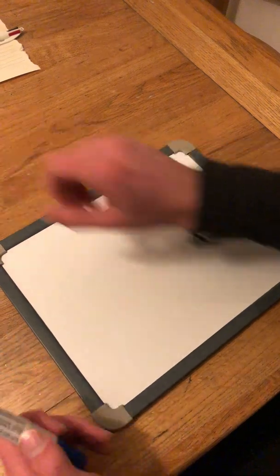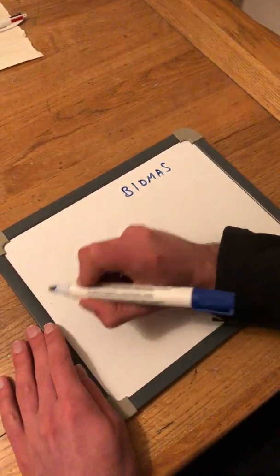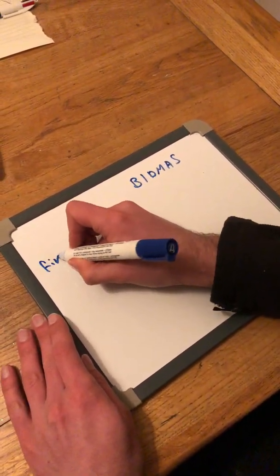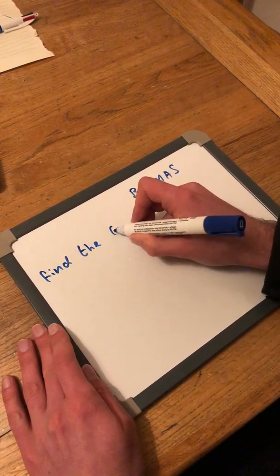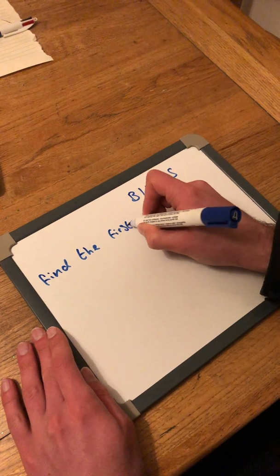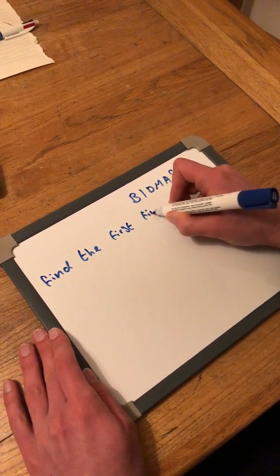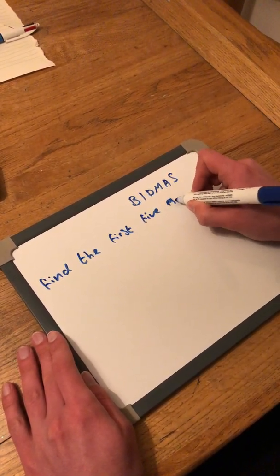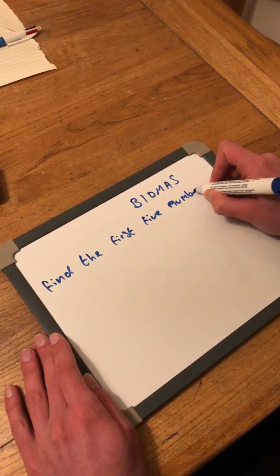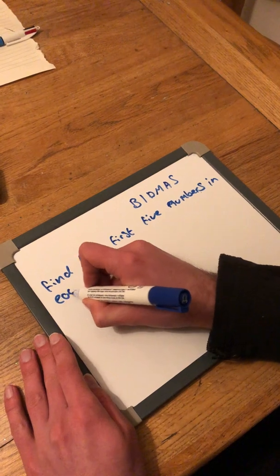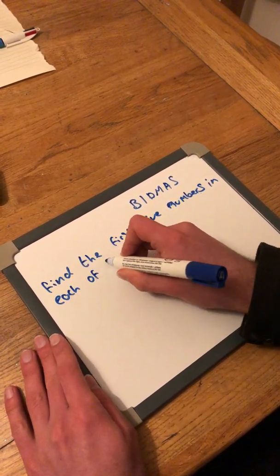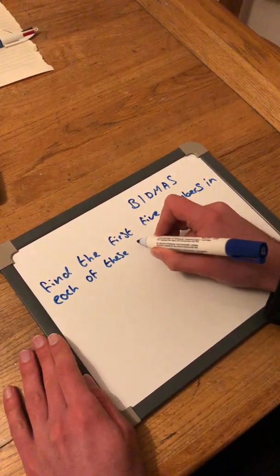I'm going to write 3 questions here. Find the first 5 numbers in each of these sequences.